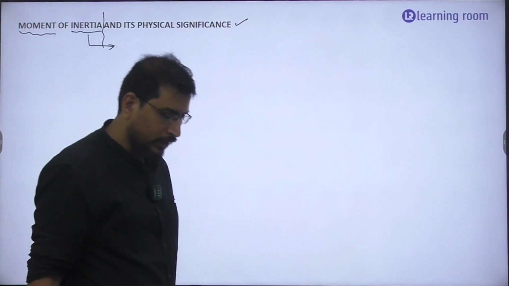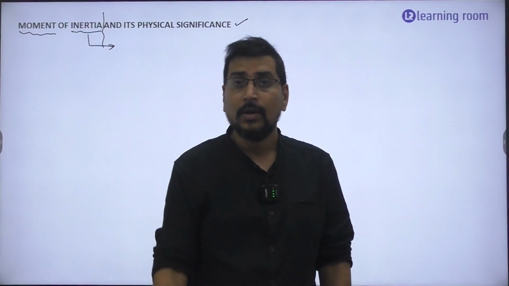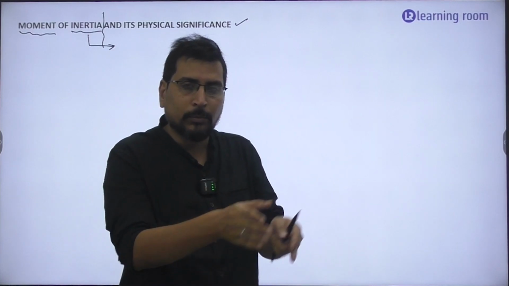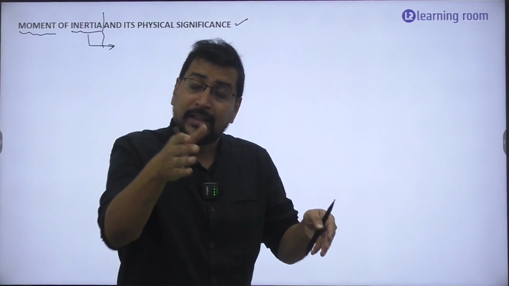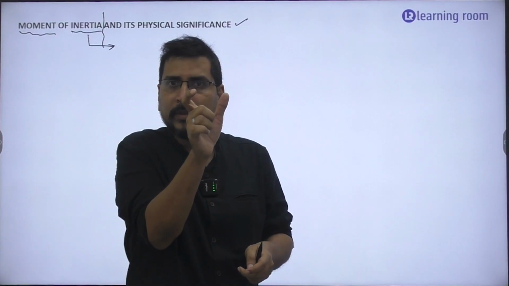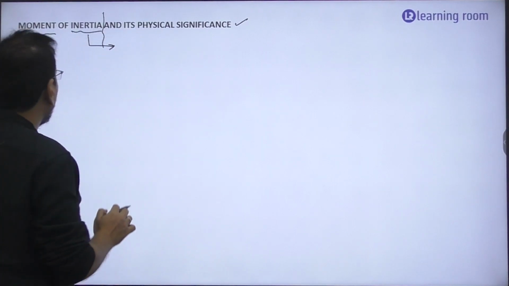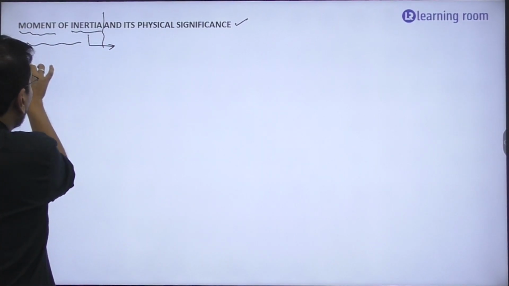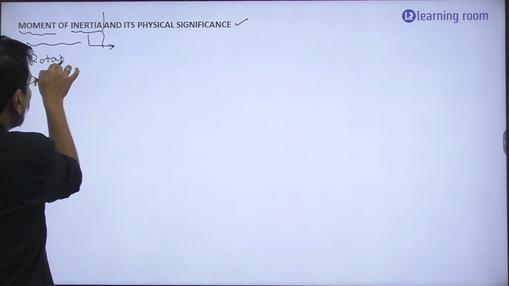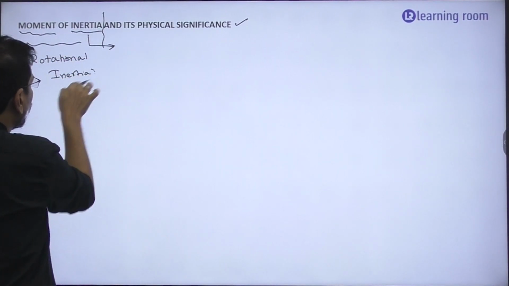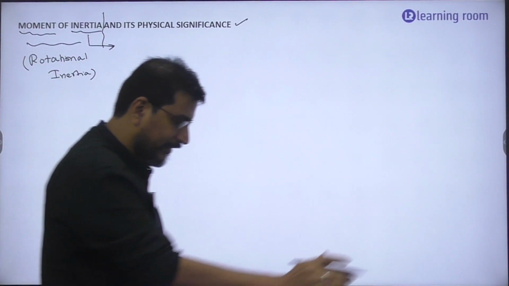Have this in your mind whenever you see the word moment, as in moment of force, linear momentum. If you see the word moment, it is related to rotational motion. In a similar way, moment of inertia is related to rotation, hence it is also called rotational inertia. I hope this concept is clear.